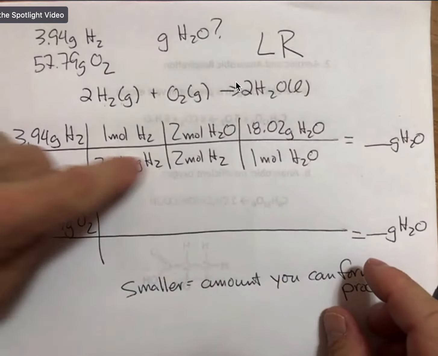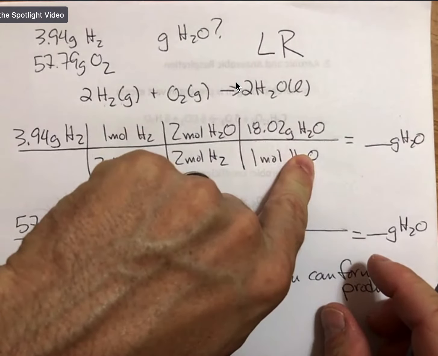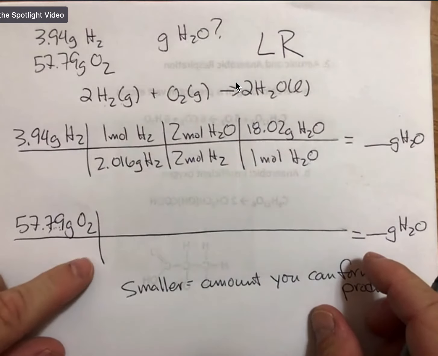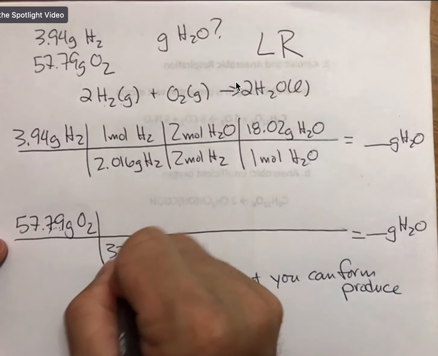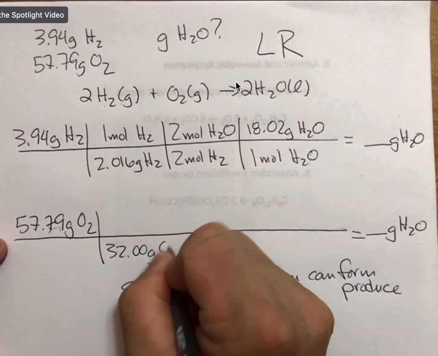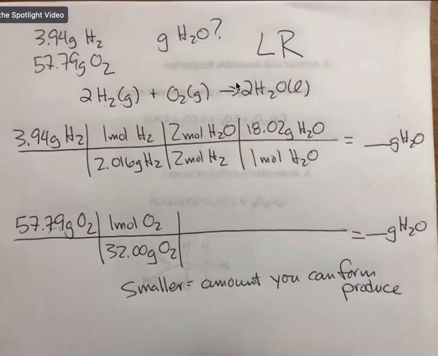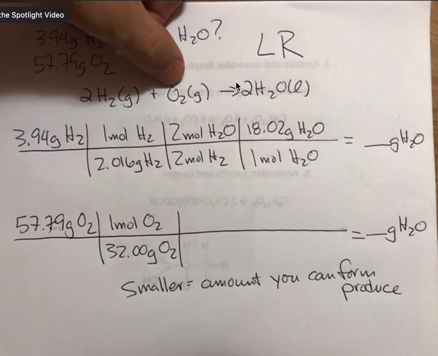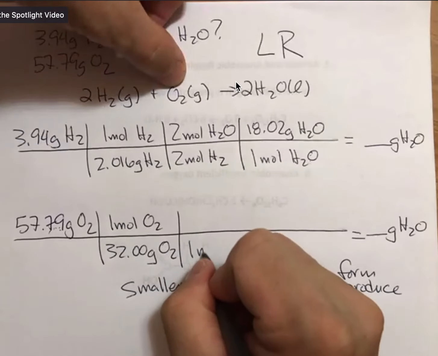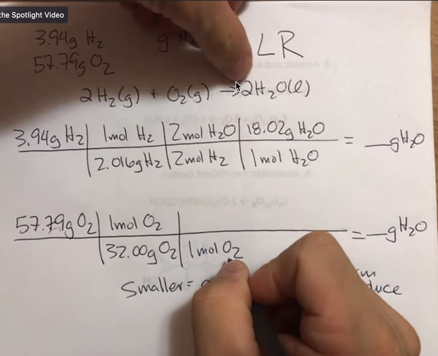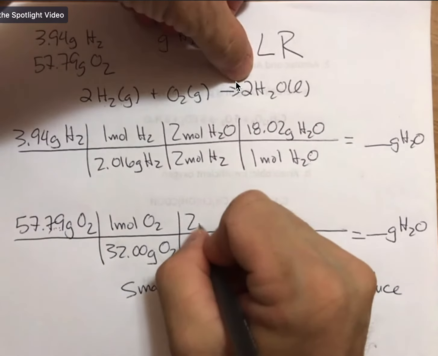And we'll do this calculation in a minute to get the answer for this part. Down here for oxygen, it's actually 32.00 grams of oxygen for 1 mole. And then for oxygen, it's 1 mole of O2 for every 2 moles of H2O.